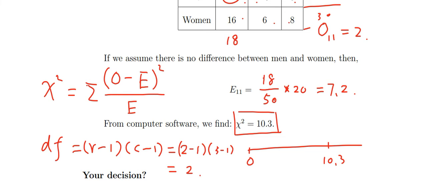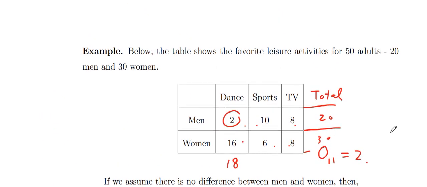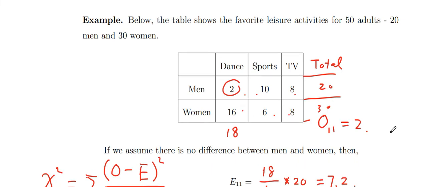And the significance level is 0.005, right? Usually, if alpha is not specified, then by default we use this alpha, 0.005. Okay, so now let's go to the chi-square table.